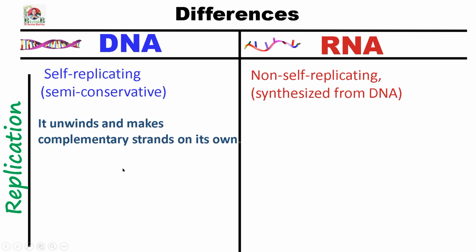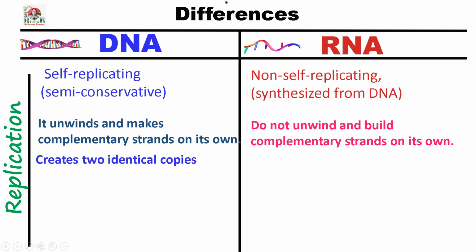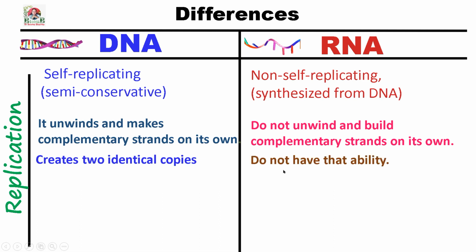When DNA has to replicate itself, it unbinds and makes complementary strand of its own. That is what semi-conservative mode of replication is. On the other hand, RNA do not unbind and build complementary strand on its own. During replication, DNA creates 2 identical copies. On the other hand, RNA do not have this ability.